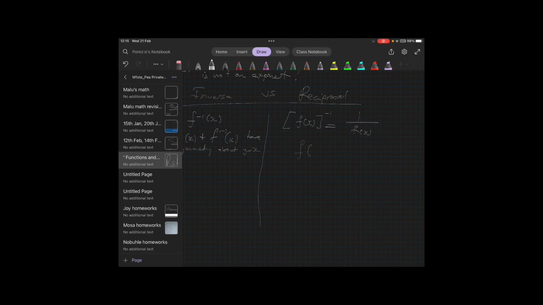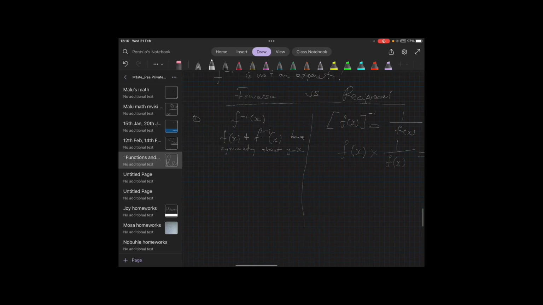And as for reciprocal, if we take f of x and we multiply it with its reciprocal 1 over f of x, the net result is 1. Which makes sense, because even if you had ax squared plus bx plus c over there and ax squared plus bx plus c, that would divide with the other one, and then we still get an answer of 1. So these two conditions clearly illustrate that the two are incomparable.